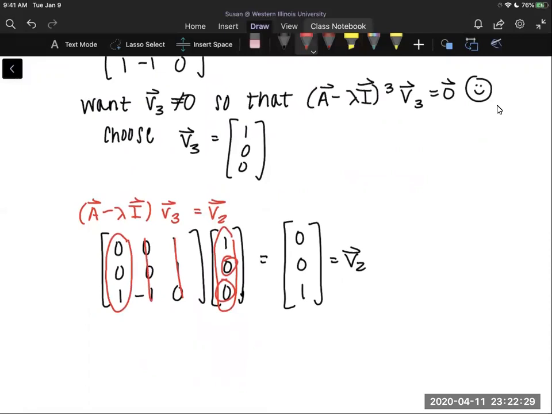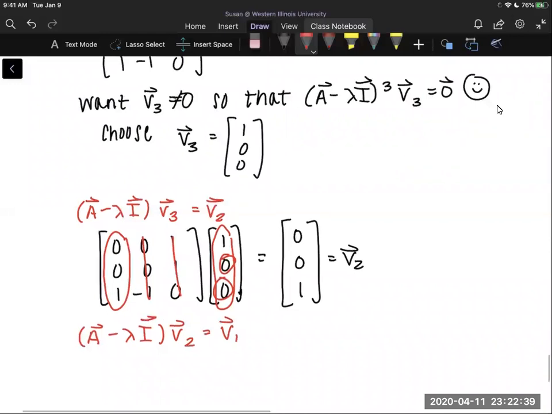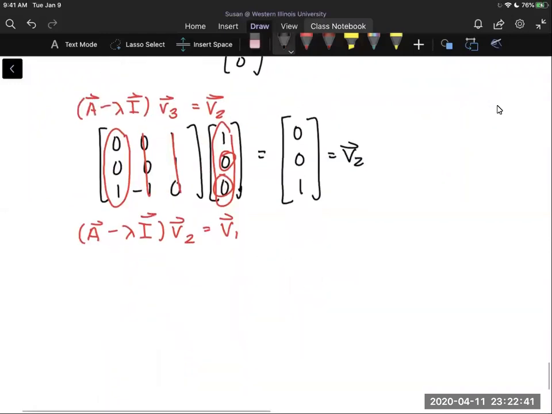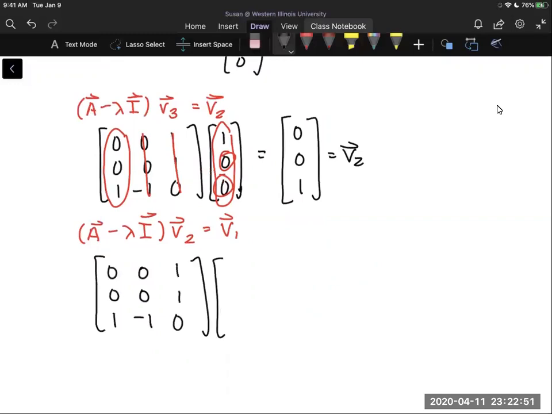So then finally, we want to come up with the last vector V1, which should look of the form a, a, 0. And so let's carry out this multiplication. We still have our same A minus lambda I matrix. And now I'm multiplying by V2.